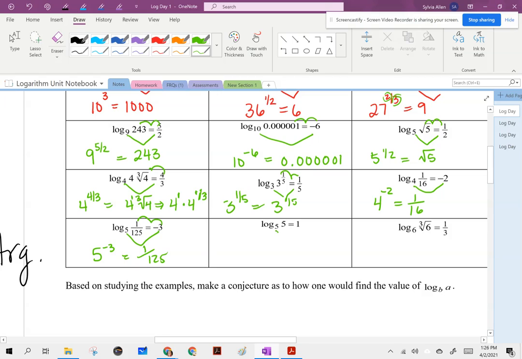Again, all we're doing is rewriting. 5 to the first is equal to 5. 6 to the 1/3 is equal to the cubed root of 6. And if we were to rewrite that, that cubed root of 6 is power over root.